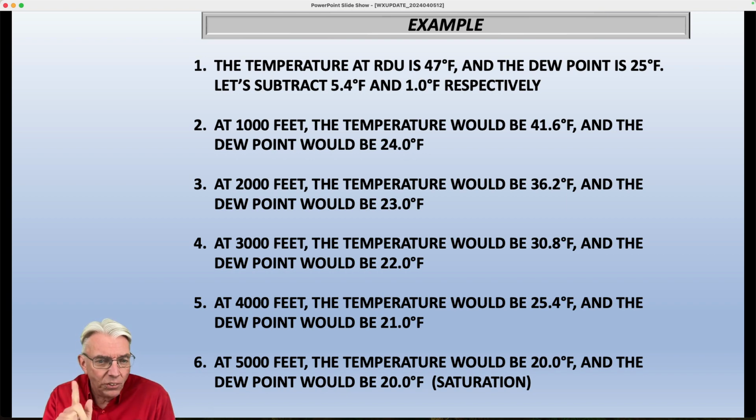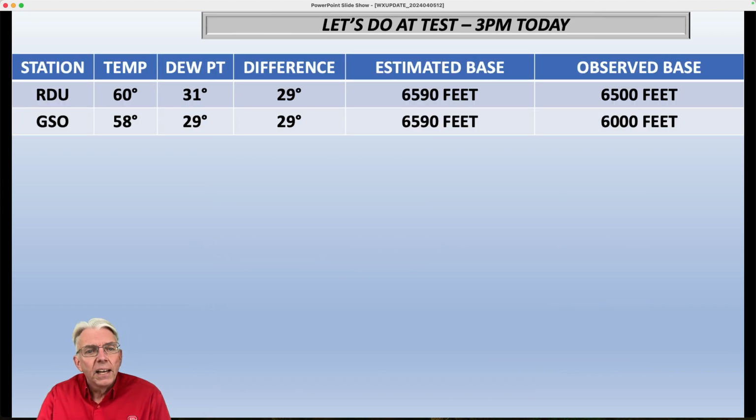So let's test this formulation, if you will, with a couple of places in North Carolina this afternoon. These observations were taken at 3 o'clock. At RDU, the temperature at 3 o'clock was 60 and the dew point was 31, and the temperature-dew point difference was 29.